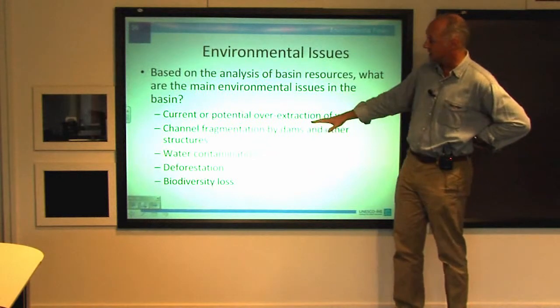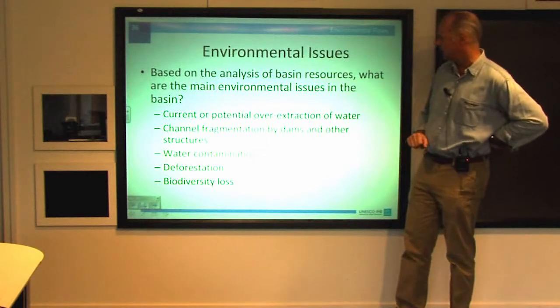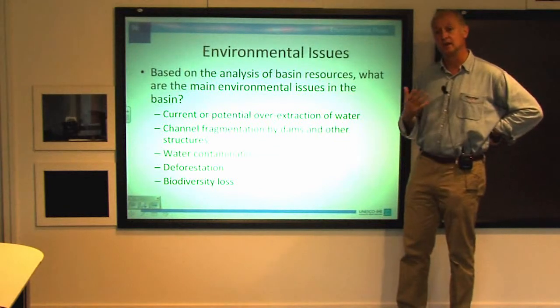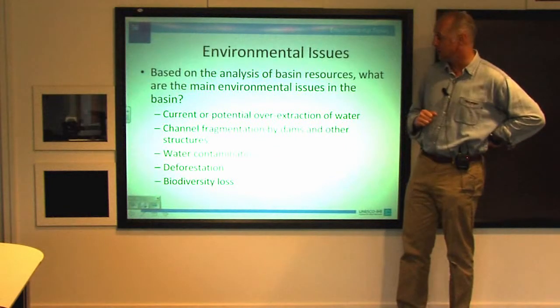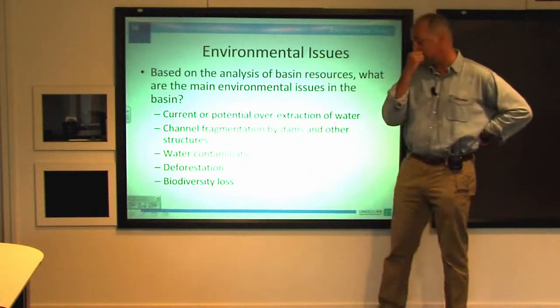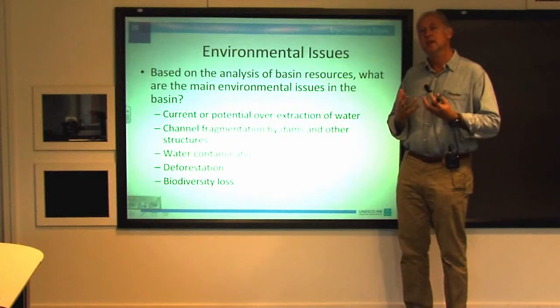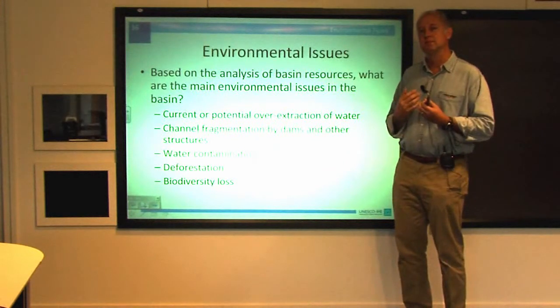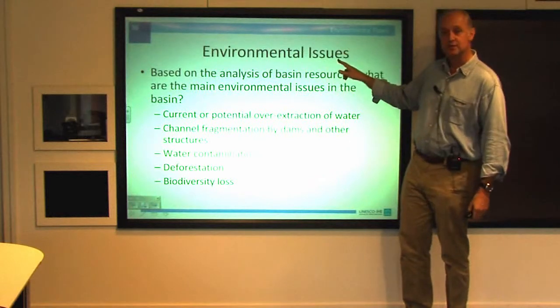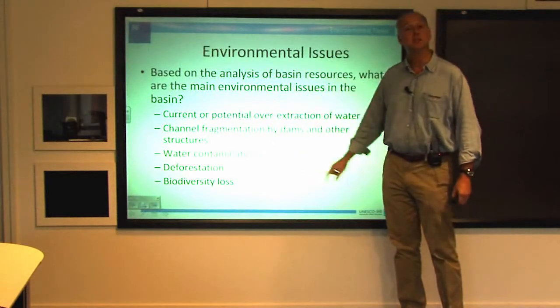Issues might be current or potential over-extraction of water; fragmentation of rivers by hydraulic structures may be a problem. Contamination often is. Deforestation, the loss of biodiversity. In our particular basin, what are the key environmental issues that need to be addressed?